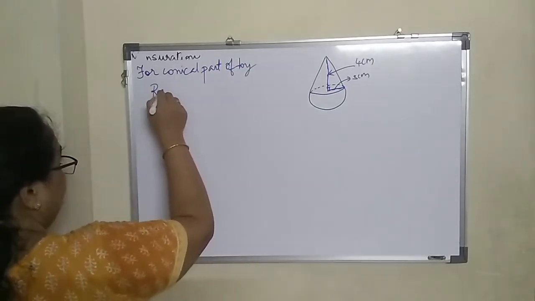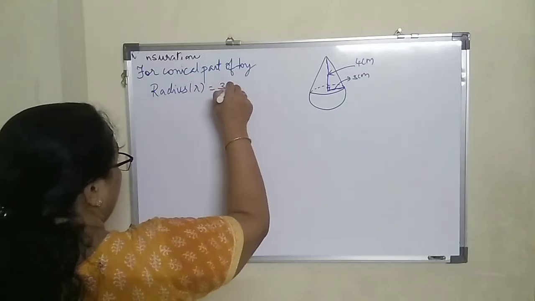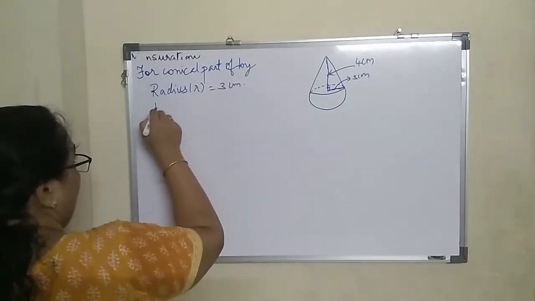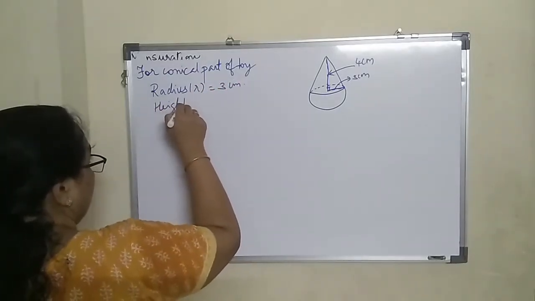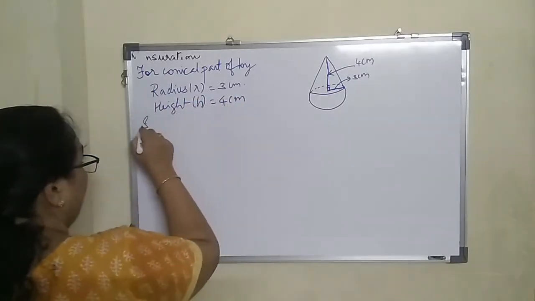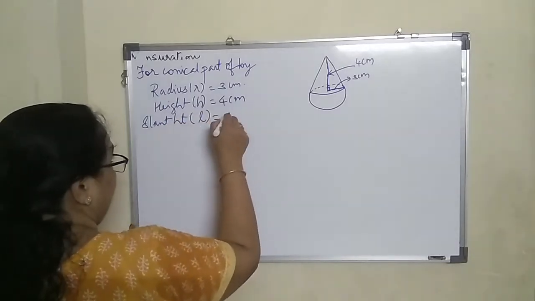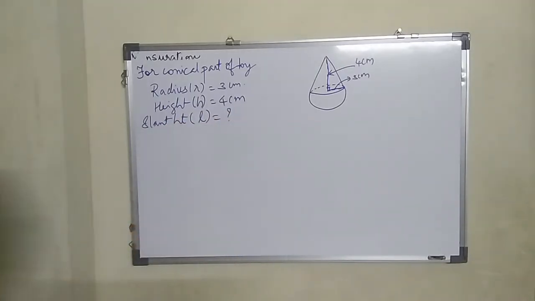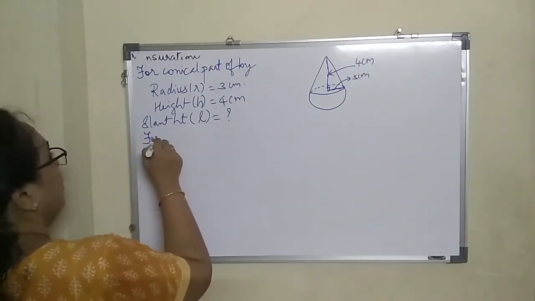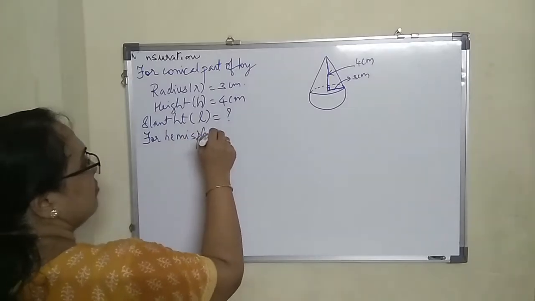We have radius r equal to 3 centimeter, height h equal to 4 centimeter. What we don't know is slant height L equals to question mark. This is for the conical part. Next, coming for the hemispherical part.